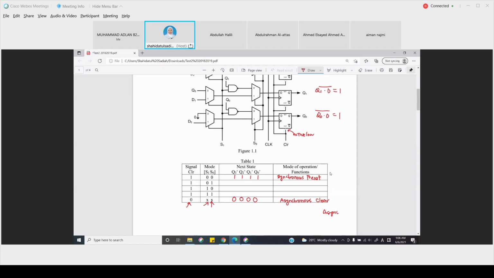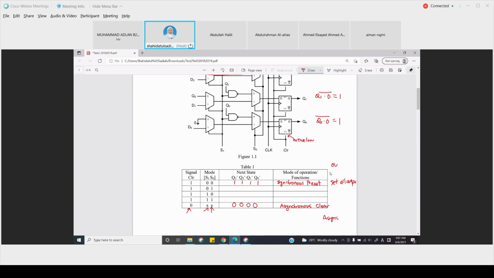Or you can just write set all output, or output equal to F, where F is 1, 1, 1, 1.